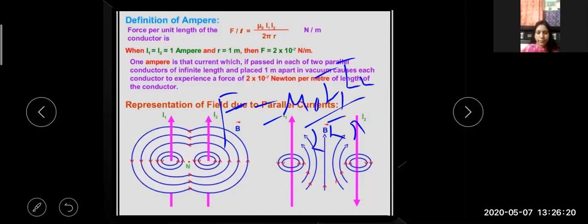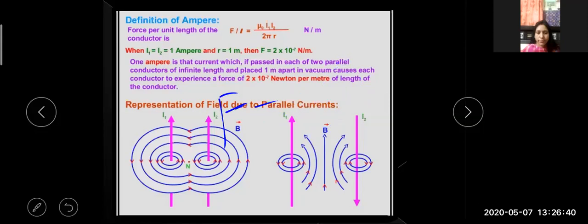From this, we can write the equation F upon L equal to mu naught I1 I2 upon 2 pi R. Okay.